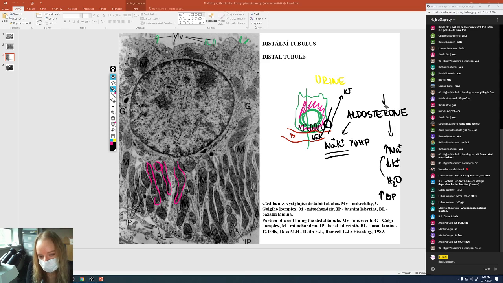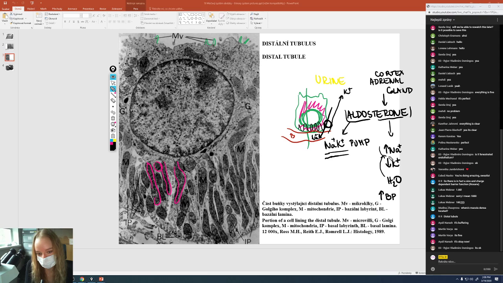You probably already know that aldosterone is made in the cortex of the adrenal glands. So this is important, remember that. The distal tubule is not doing that much, but it's dependent on aldosterone, a very important hormone created in the cortex of the adrenal gland, and it raises blood pressure.